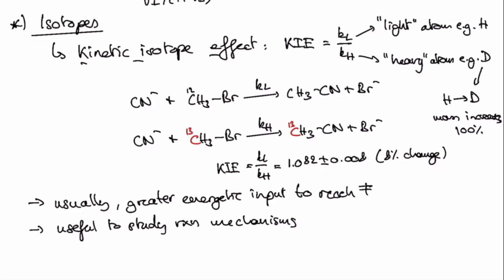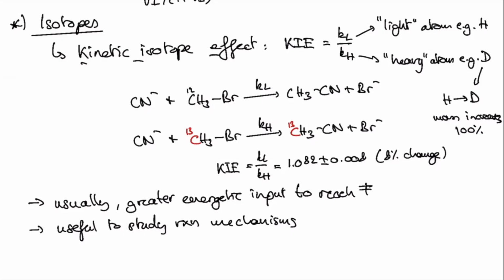So if you would do an SN1 reaction and the rate limiting step is the leaving group going off, you wouldn't see any difference between KL and KH. But since here we're dealing with an SN2 mechanism, so there's a transition state where this cyanide is directly interacting with this carbon 13 labeled atom, you see an effect in the rate constant.